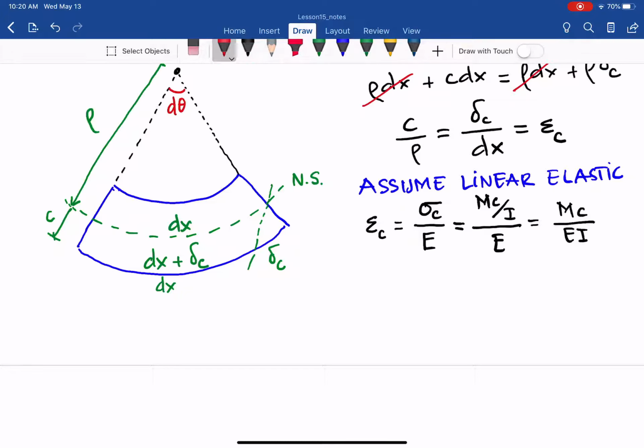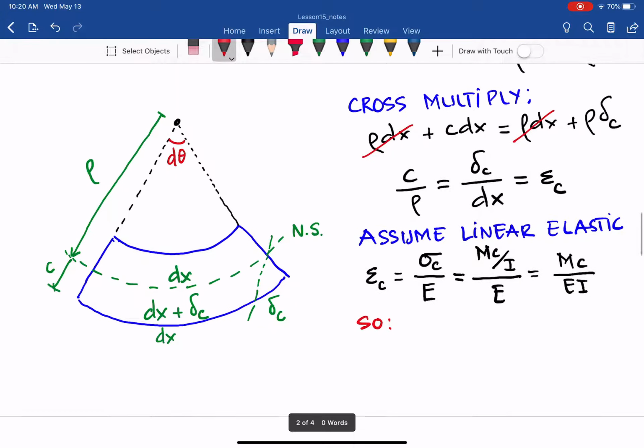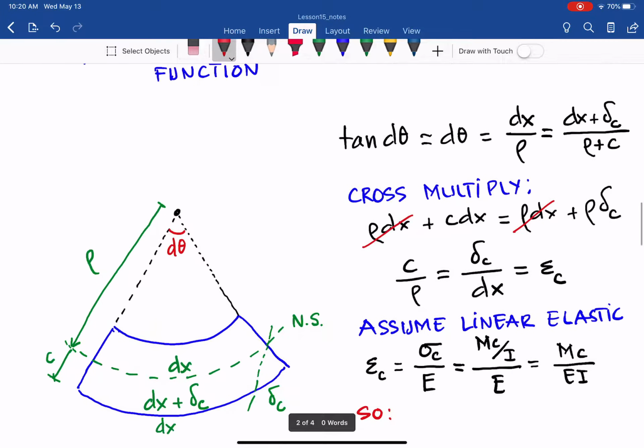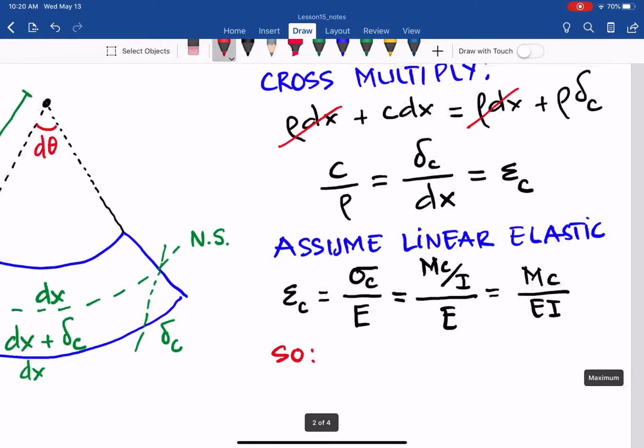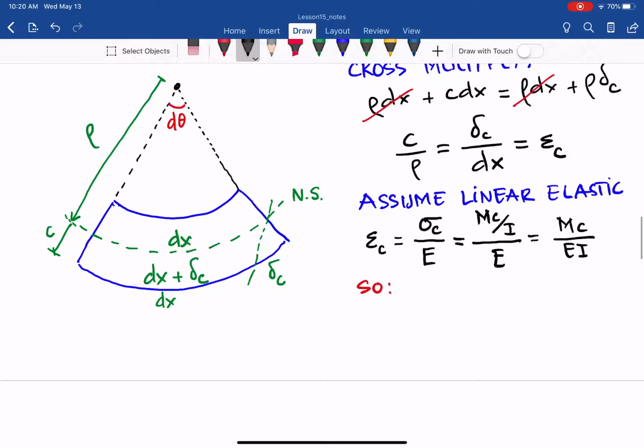So what do we have? Let's replace: c over rho equal to epsilon c, and epsilon c equal to Mc over I. So with those two equations, we have 1 over rho equal to M over EI.